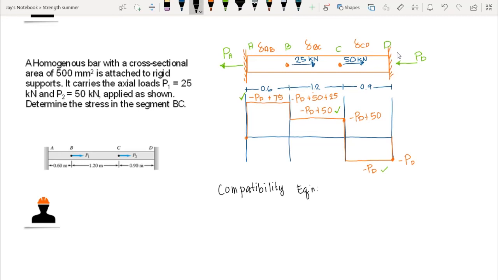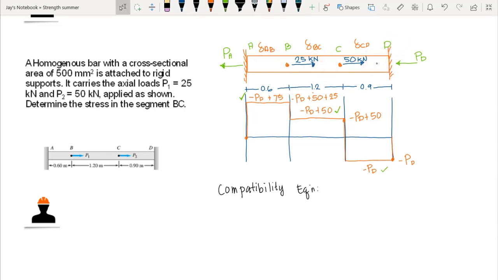Now, if we try to create a compatibility equation here, we know that our D here will not move closer or farther from A. So therefore, the movement of our D here is 0. And how are you going to compute for the movement of D? That is just the combination of the deformation of every member.